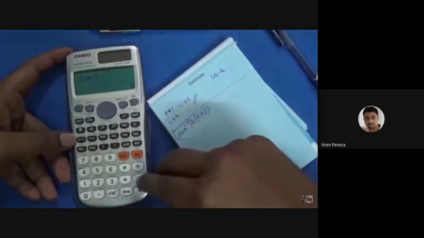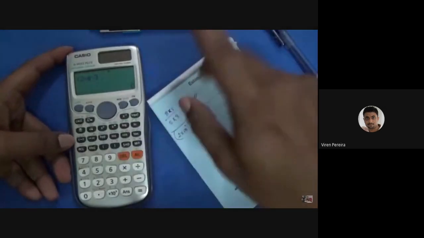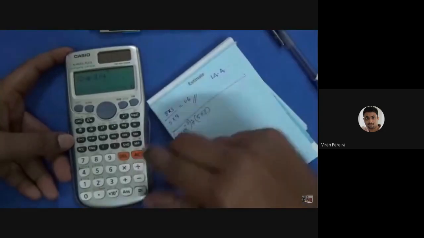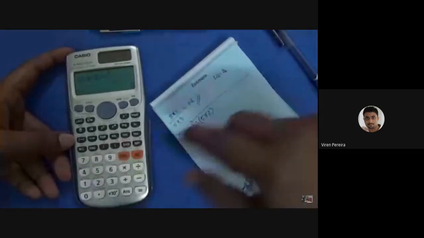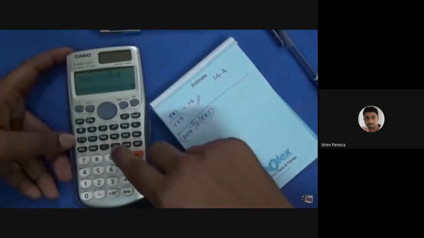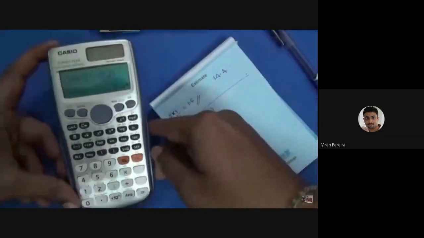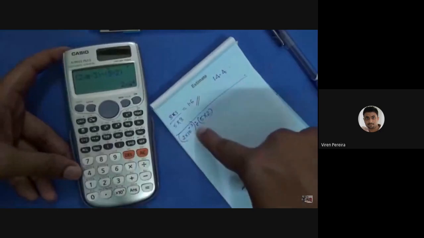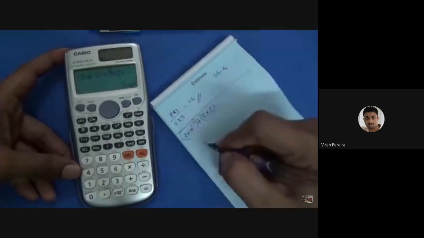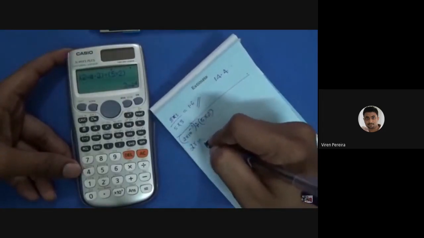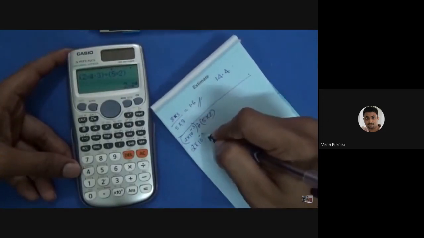But otherwise, you could even use this minus. It's not a big issue. Again, close bracket divided by open bracket 5 into 2 close bracket, and this is your value. So you could use this 10 raised to the power of minus 3 or minus 4 or minus 5 or 10 raised to the power of 6 for whatever calculations you require.